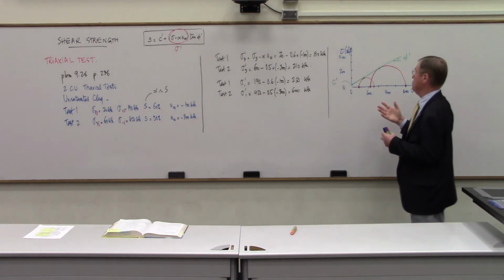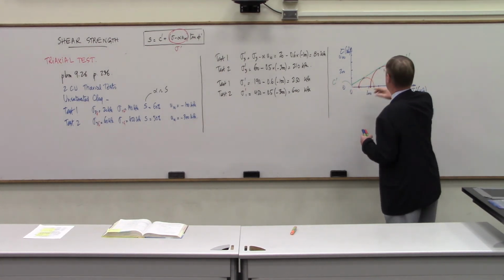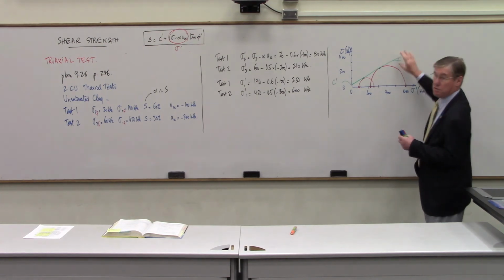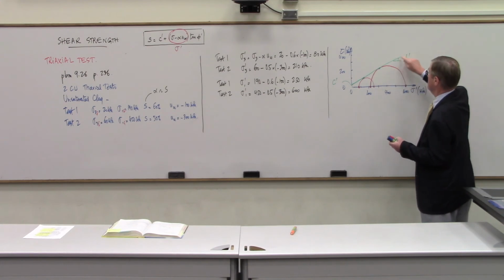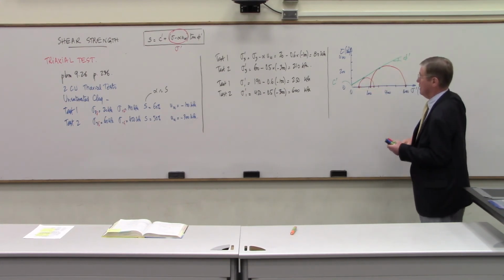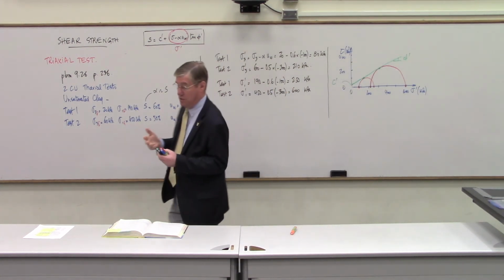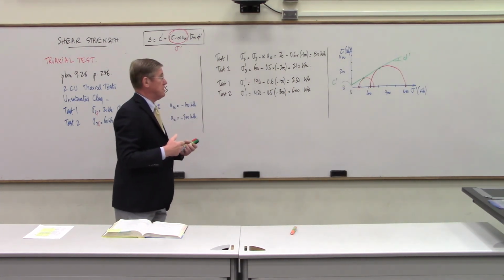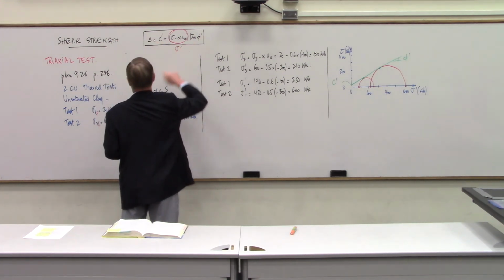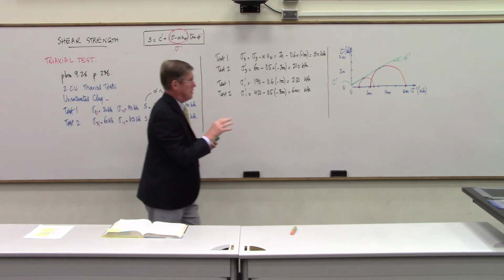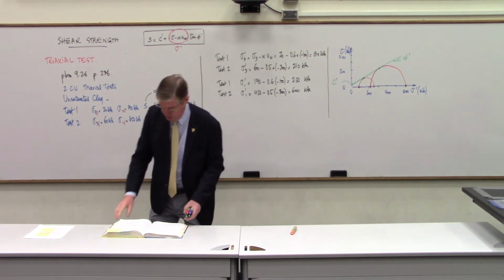And then you would have to measure c prime on the scale, and this is why you need a protractor for the final exam, because you're likely going to have a problem like this, and you're going to have to measure this angle and that, to do this type of problem. So that's how we use the triaxial test to obtain the shear strength parameters c prime and phi prime by plotting it always against the effective stress on the horizontal axis.